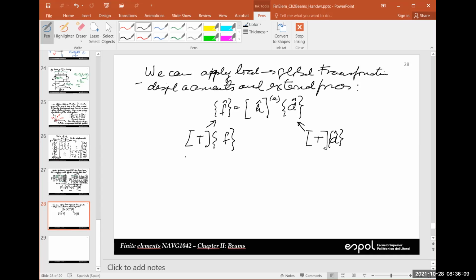So we can say that F, okay, we take this to the right-hand side. Since it's in the left to the position with respect to the vector, we put it also on the left of this part. This is the inverse, and it's multiplied by K in the local reference system of the element.